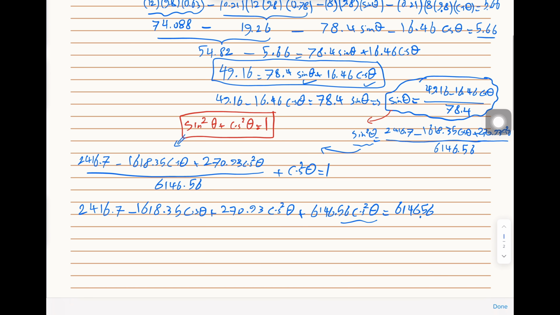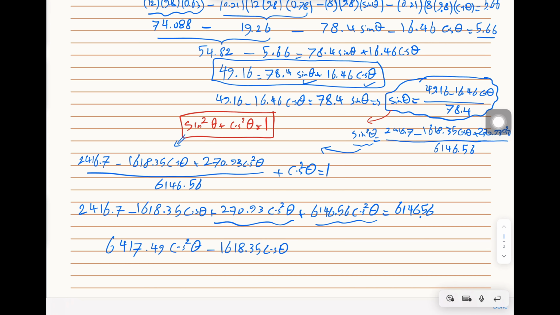That's it. So then these two like terms, right? So then I can rewrite this better here: 6,417.49 cosine squared theta minus 35 cosine theta.